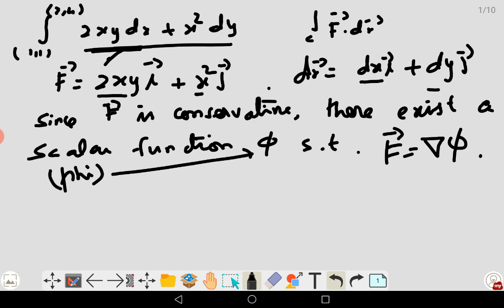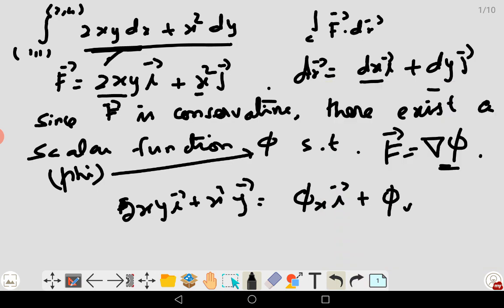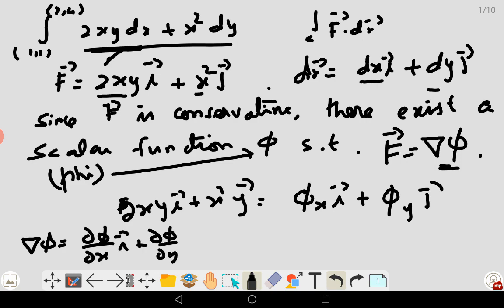Remember what the gradient of a function is. F vector is 2xy i plus x squared j, which is equal to the gradient, phi_x i plus phi_y j. You remember the gradient is del phi by del x i plus del phi by del y j. This is the two-dimensional case, so we have phi_x i and phi_y j.